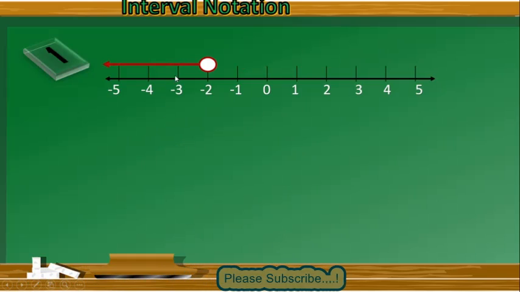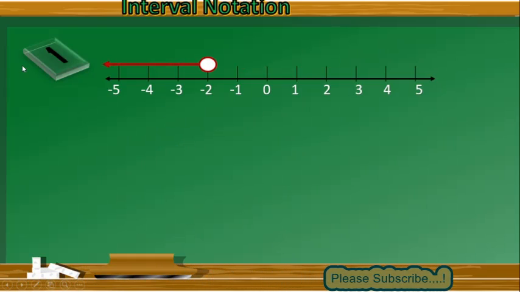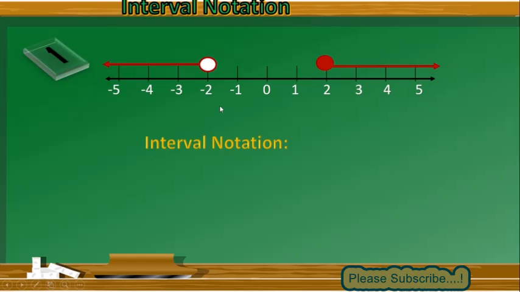So, open circle going to the left, going to negative infinity, and the other one is from 2 to positive infinity. So how do we write the interval notation using this kind of solution? First, we have to write the parenthesis.